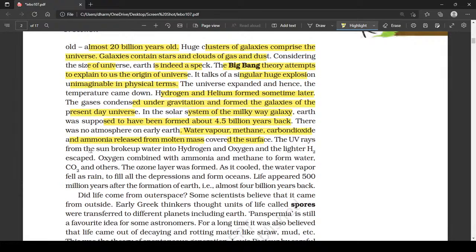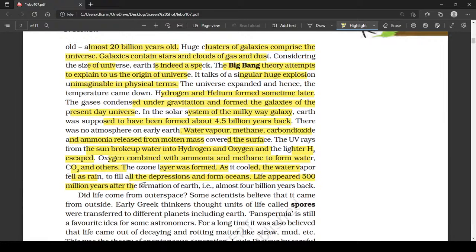The UV rays from the sun broke up water into hydrogen and oxygen, and the lighter H2 escaped. Oxygen combined with ammonia and methane to form water, CO2, and others. The ozone layer was formed. As it cooled, the water vapor fell as rain to fill all the depressions and form the oceans.